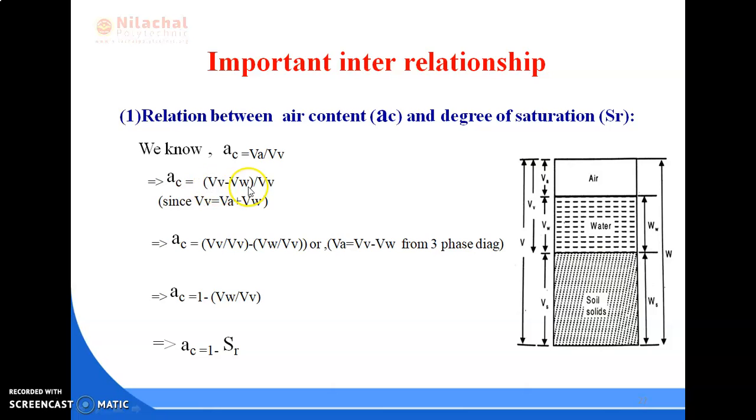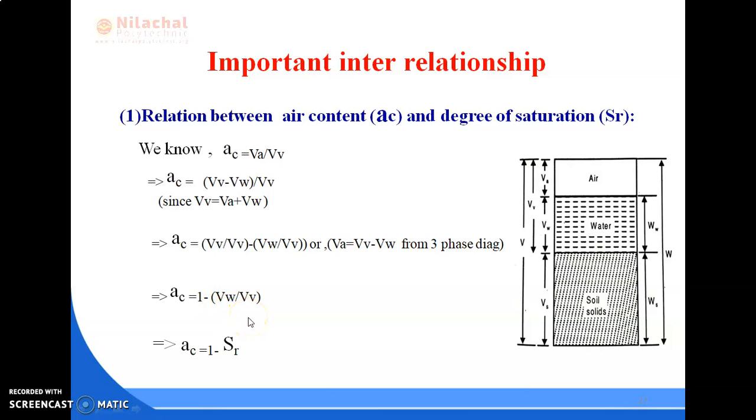So Vb minus Vw whole divided by Vb, which implies Ac equal to Vb by Vb minus Vw by Vb, which implies Ac equal to 1 minus Vw by Vb.